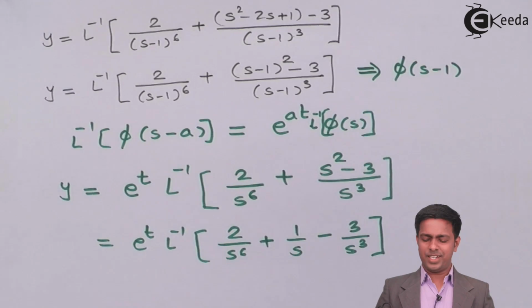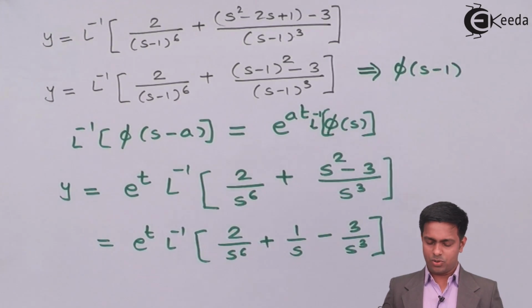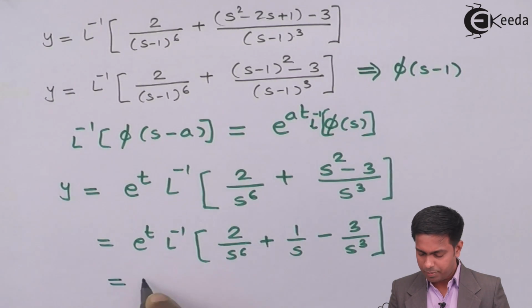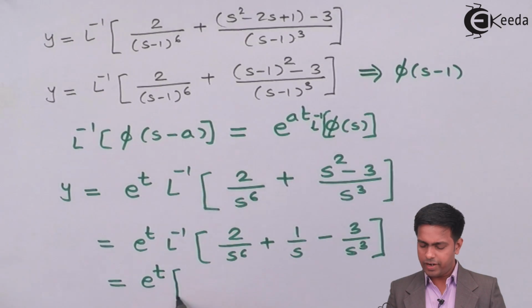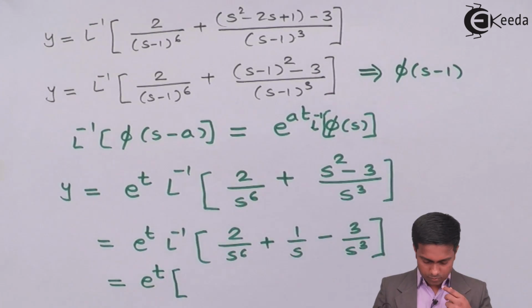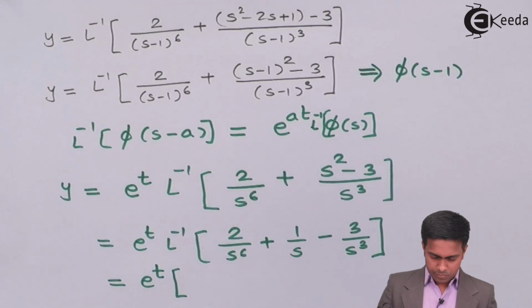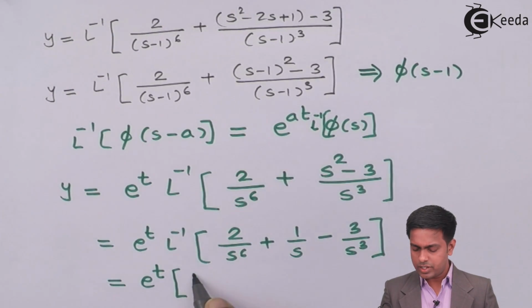So now we just have to find out the inverse Laplace transform of each term separately. So let's start. Here e to the power t as it is, and in the bracket I will find the inverse Laplace transform of each and every term. Now guys, this 2 is a constant, I am taking it outside.